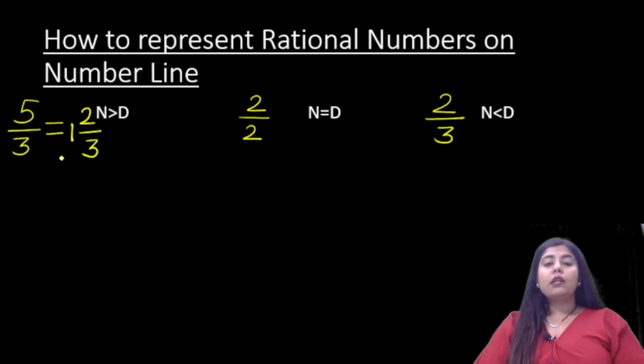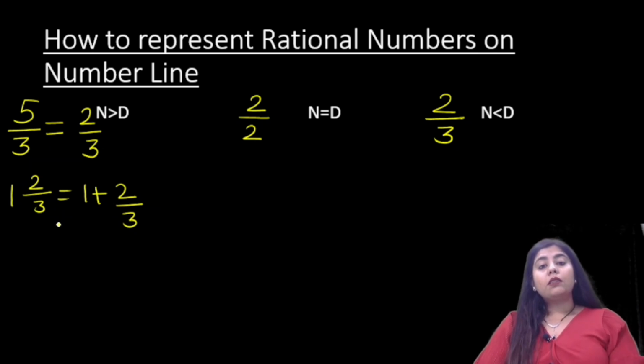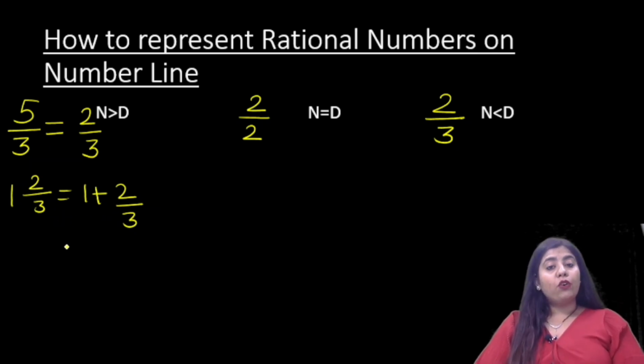It means 1 plus 2 upon 3, which comes after 1 and before 2, so it lies between 1 and 2.